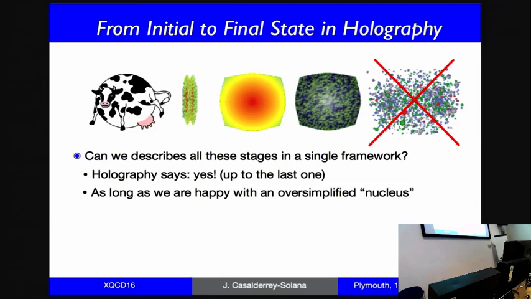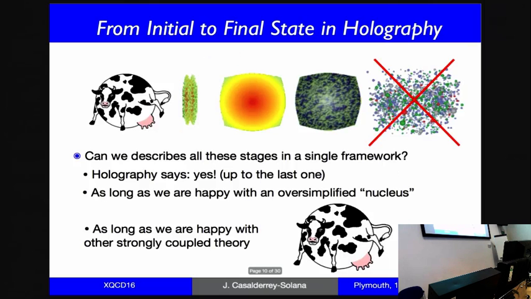As long as one is happy with some oversimplified view of the nucleus, we will not have bound states of neutrons and protons, but some lumps of energy that collide. And as long as we are happy with an oversimplified version of the theory, instead of using QCD, we will just use one of these mutants of QCD that at least are non-abelian gauge theories.